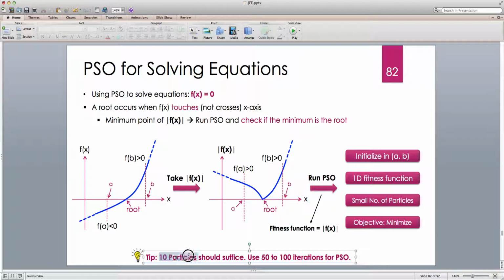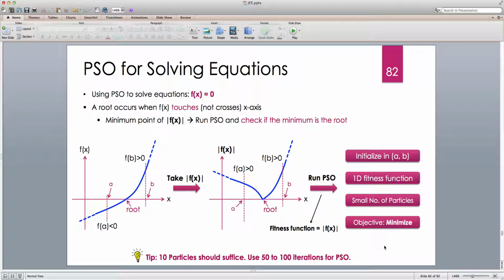And the main thing is the objective of the PSO. We have to make sure that we set the objective to minimization, not maximization. Because when we take the absolute value, anything negative comes up, all right? So the objective is minimization, 10 particles, 100 iteration steps, and the fitness function is absolute value of f of x, all right?